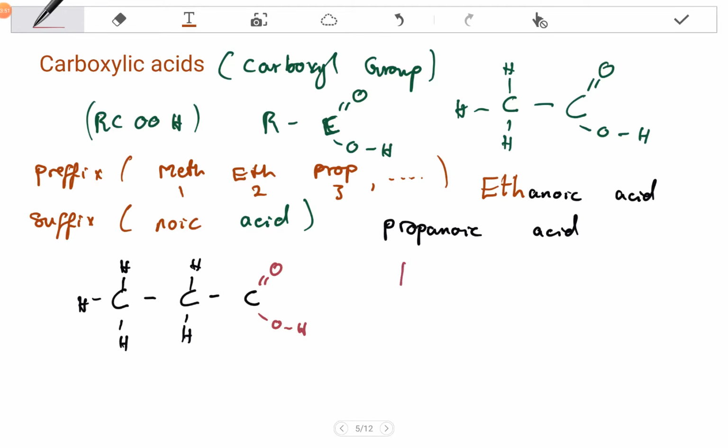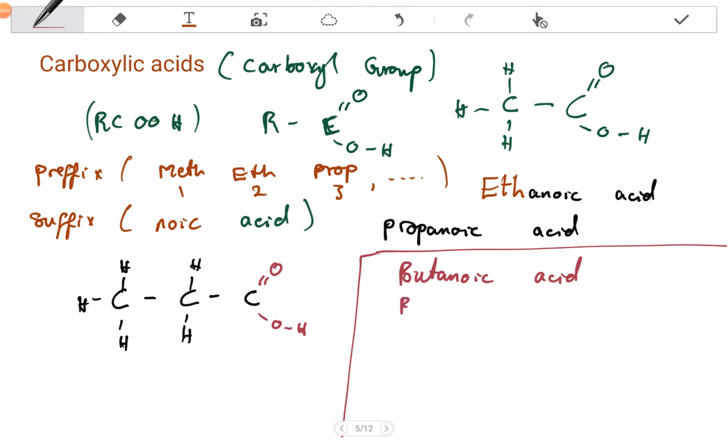And now as homework, find the name of this: ethanoic acid. You have to find the structure of these, and find the structure of these.